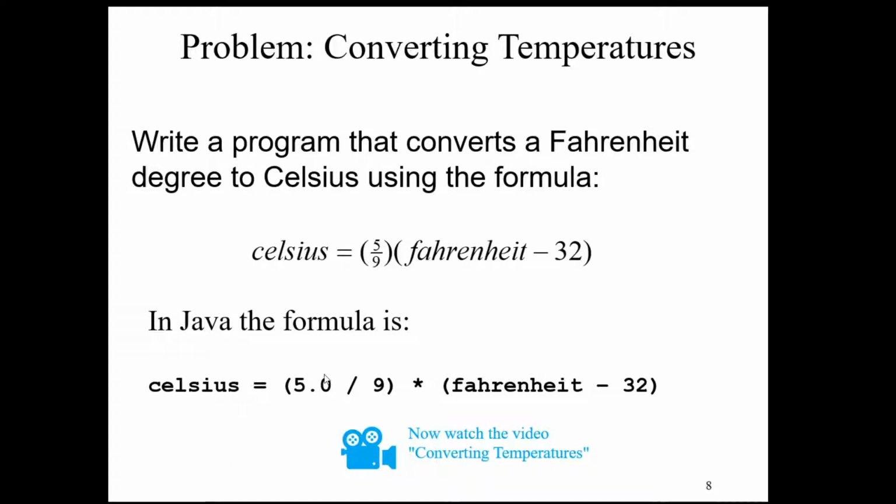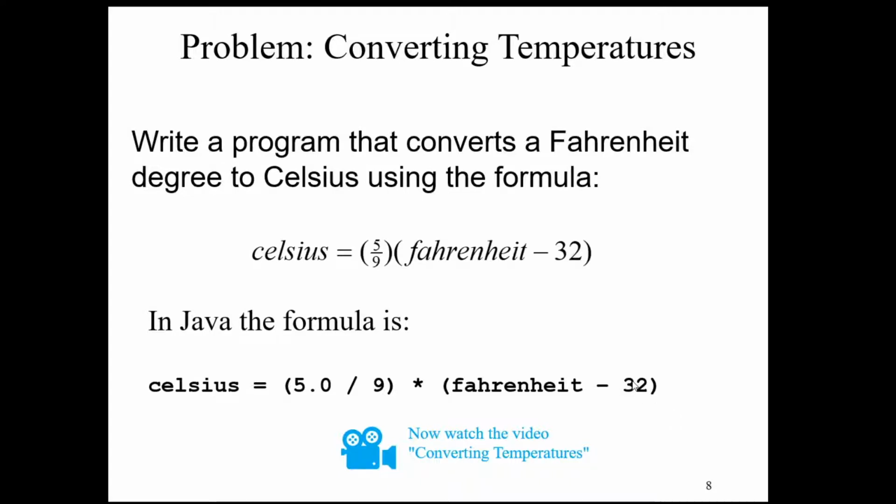So here we can choose 5.0 as the floating point number, or you can just write 5/9.0. They will give you the same result. So that's the first part of the formula, 5/9, times Fahrenheit, whatever the degree is, minus 32.